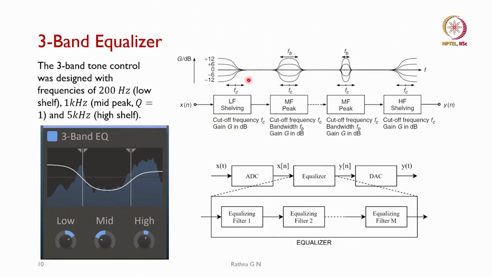The next one is a low pass filter, as we know, and here it is a band pass filter, with a middle frequency that we can call the peak, cutoff frequency FC, bandwidth FD, and gain G in dB.